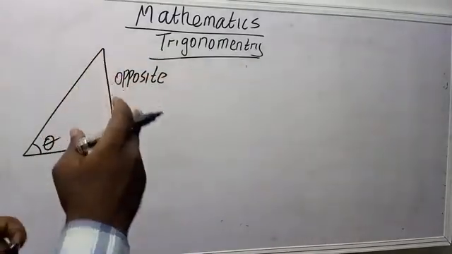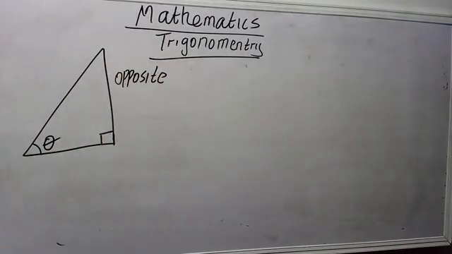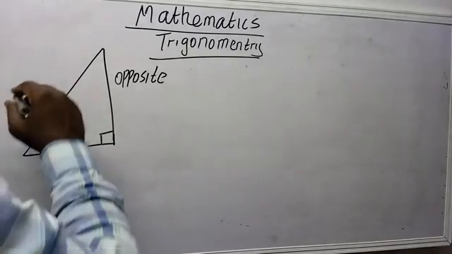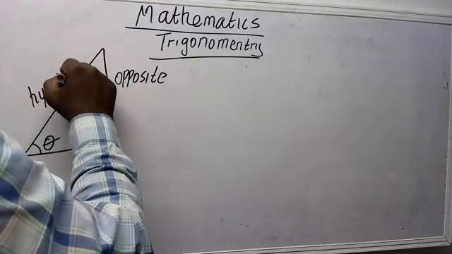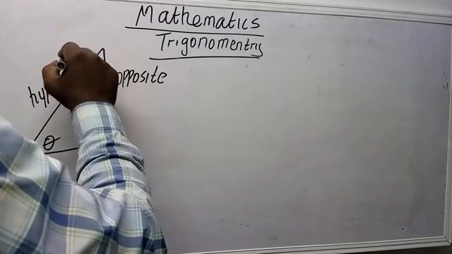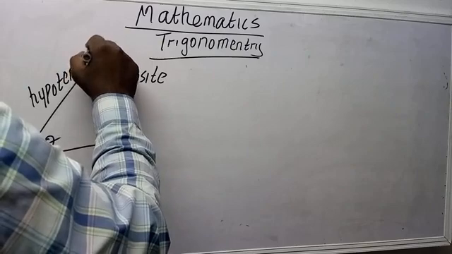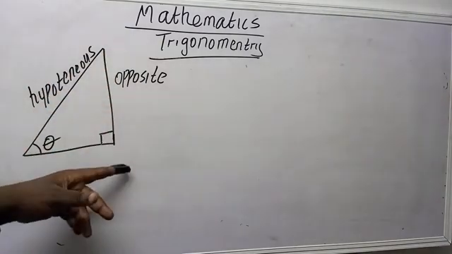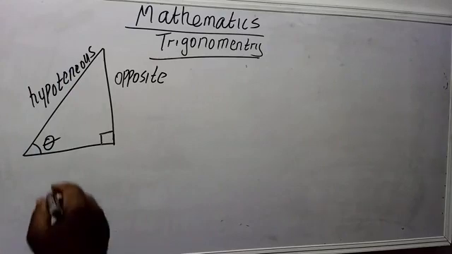The longest side of a right angle triangle is always called the hypotenuse. And the smallest side is always called the adjacent.